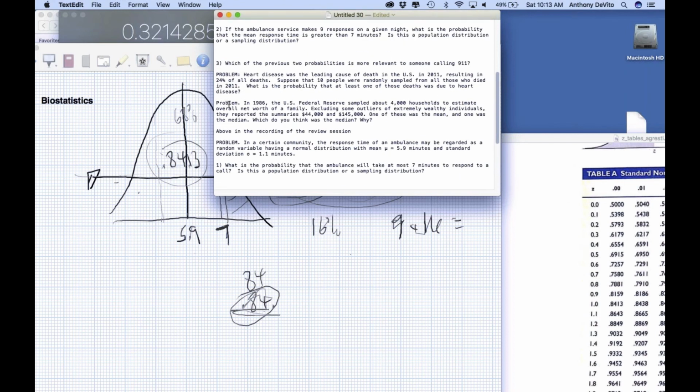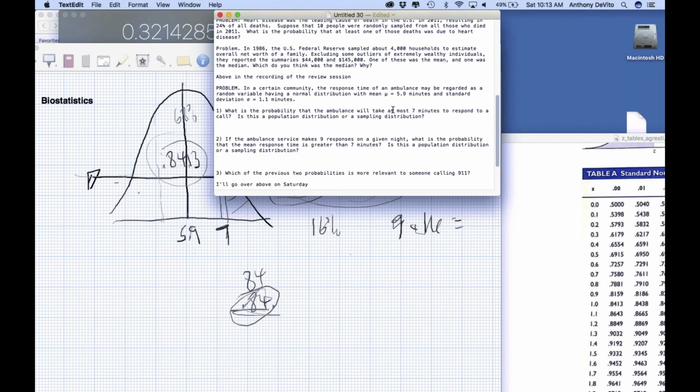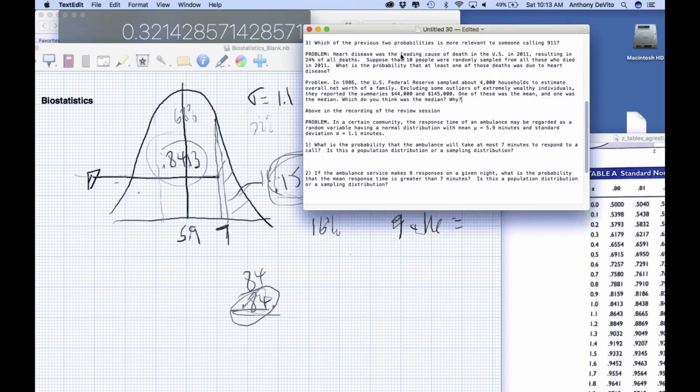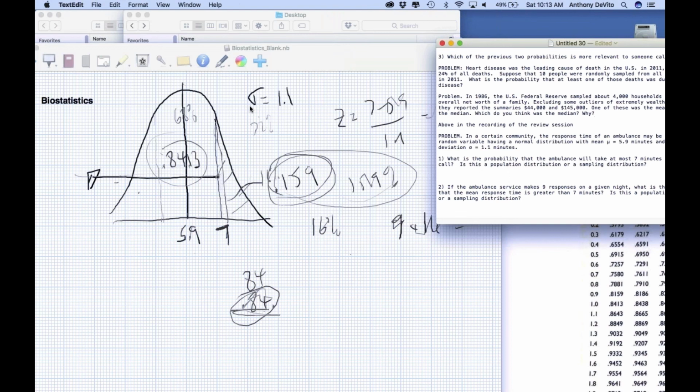Federal Reserve sampled 4,000 households to estimate net overall worth of family, excluding some outliers. That's not such a good one either. That's kind of just talking about which one's more resilient, the mean or the median. Well, I'm going to go back to our sample problems, so I can get another one of these.